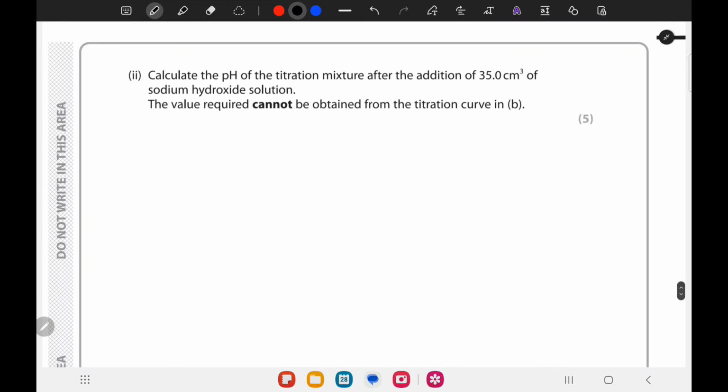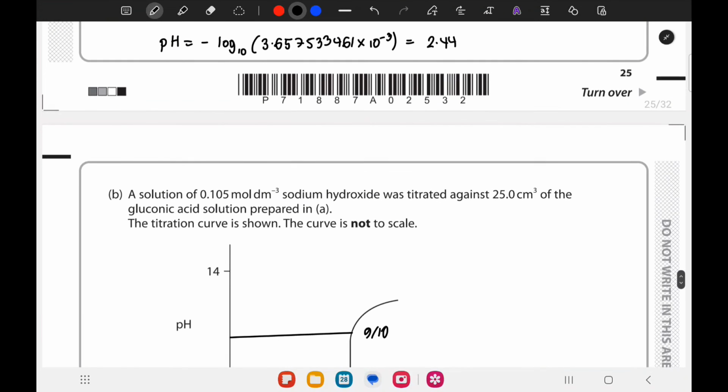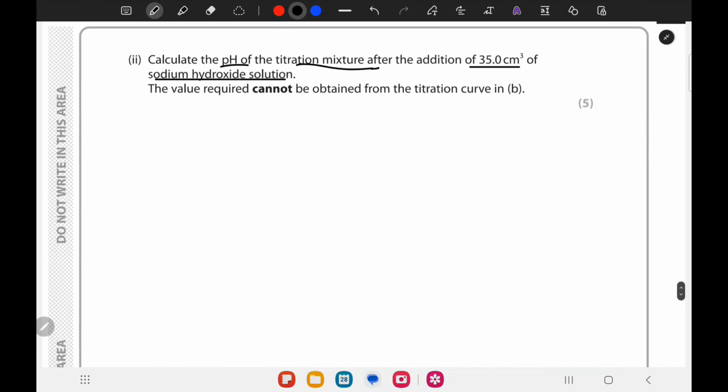Now for part 2, we have to calculate the pH of the titration mixture after adding 35 cm cube of sodium hydroxide solution. For this, we'll have to calculate the moles of gluconic acid in 25 cm cube of its mixture. So we are using 25 cm cube of gluconic acid.